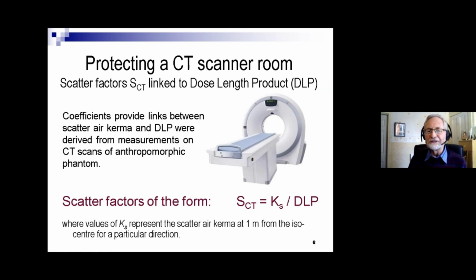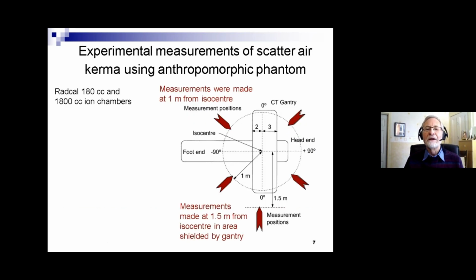We wanted values at 1 meter from the isocenter. Now, in the past, people had done measurements on grids and made contour plots, but as we wanted the values at 1 meter, it was more logical just to do measurements all the way around the gantry at 1 meter.